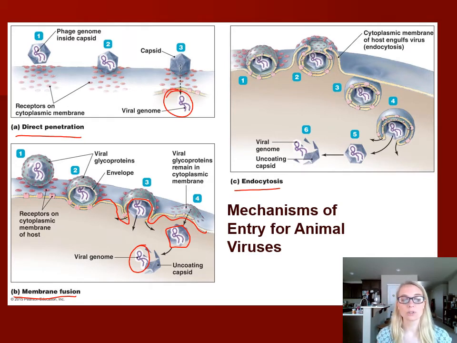It's very similar to the beginning of membrane fusion, where we get some connections between the host cell and the glycoprotein spikes on the envelope. But instead of just fusing the membranes, it triggers endocytosis, a whole engulfing of the enveloped virus. This will eventually trigger fusion, like we see here, of the envelope and the vesicle, and then an uncoating, and eventually the viral genome comes in. I'm going to be posting some videos on dengue fever and HIV life cycles.